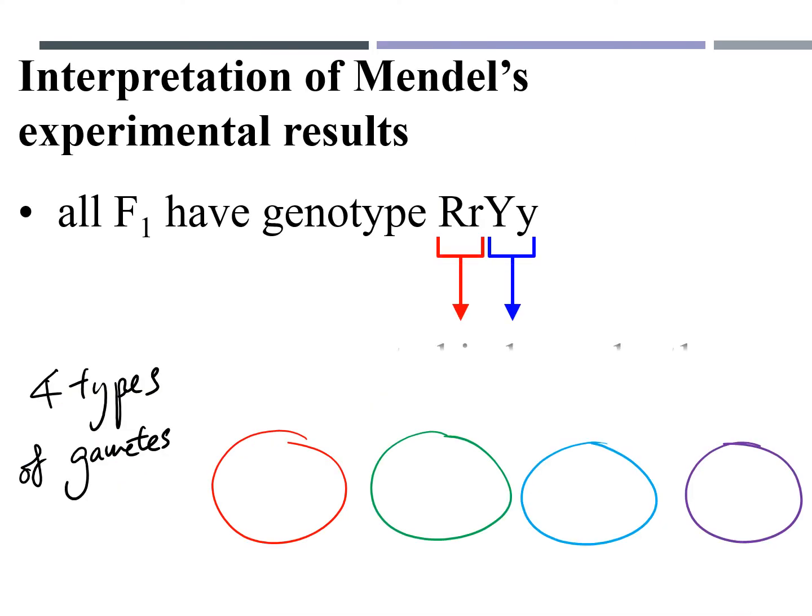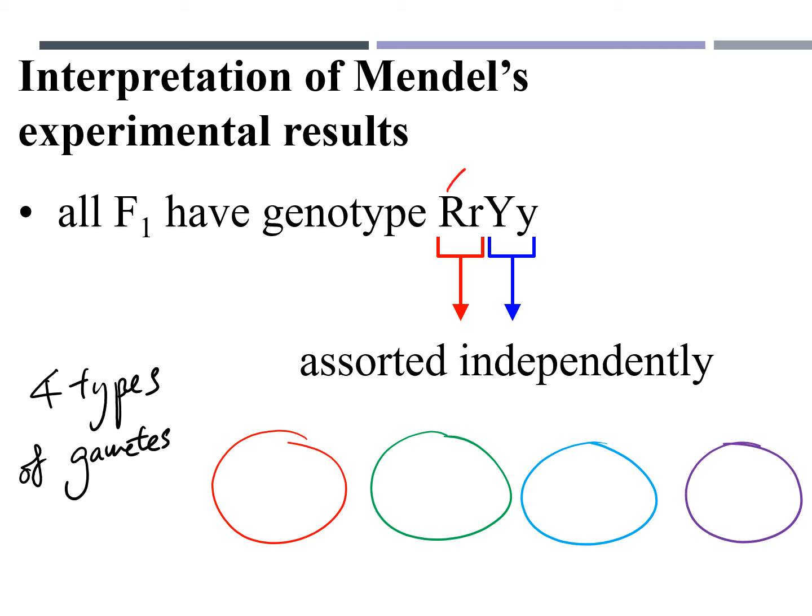For all the F1 with a genotype big R, small r, and big Y, small y, they can give the gametes. For an easy understanding of independent assortment, let me draw it out for you. The big R and big Y can join like this, forming type 1 of the gamete. And then it can form another gamete like this, big R, small y.